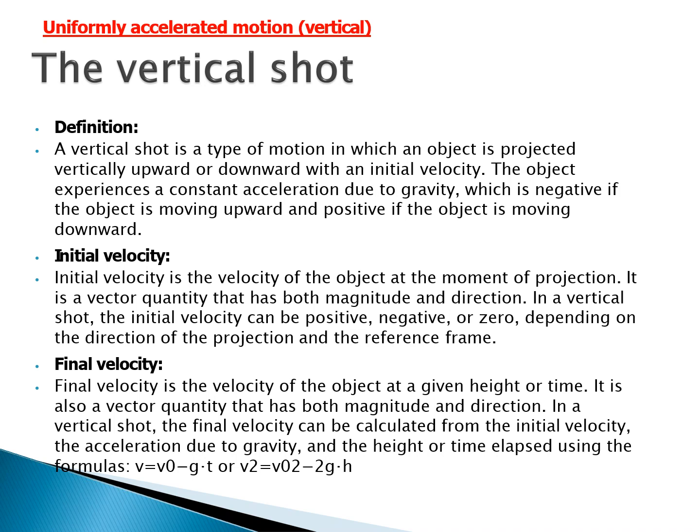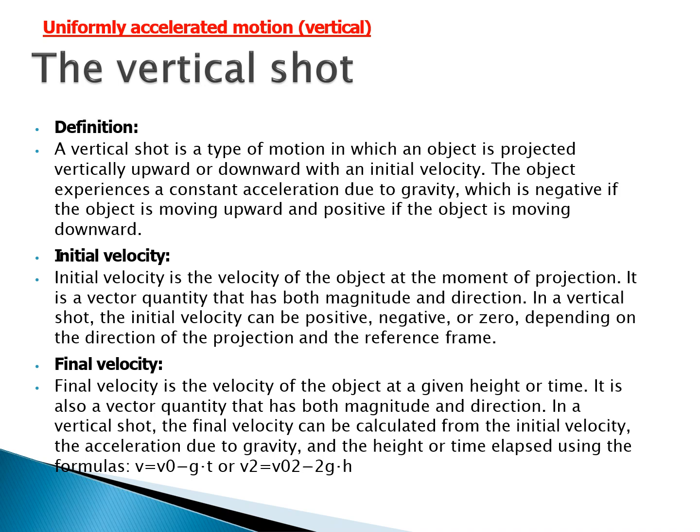Influence of gravity. Gravity is the force that causes all objects near the Earth's surface to accelerate downward at a constant rate of 9.8 meters per second squared. Gravity affects the vertical motion of an object by changing its velocity and direction over time.